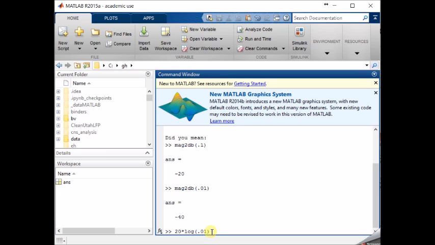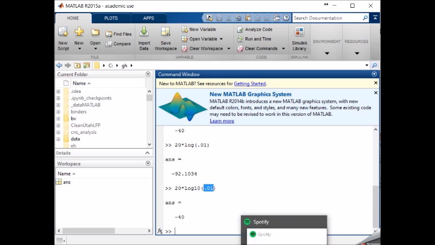So in this case 0.01. This is log 10. So the log function is for the natural log, 20 times log 10 of 0.01, and that will give you negative 40 decibels. So this is the formula for how to obtain decibels from a given magnitude attenuation.